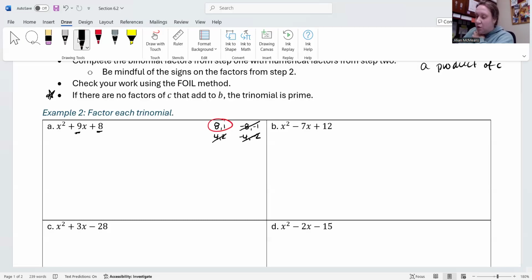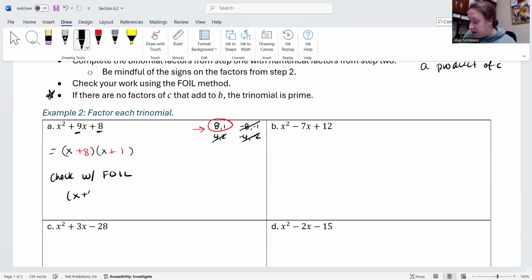Okay, so we would say that we're going to factor this as the product of two binomials. Each binomial starts with an x, and then we fill in +8 and +1. Those are the two factors that when you multiply, you get c, and when you add, you get b, b being the coefficient of the linear term and c the constant. Now we can check this by FOIL. So check with FOIL.